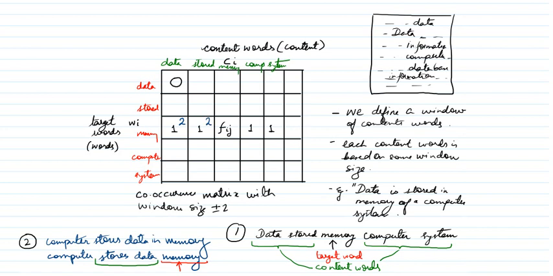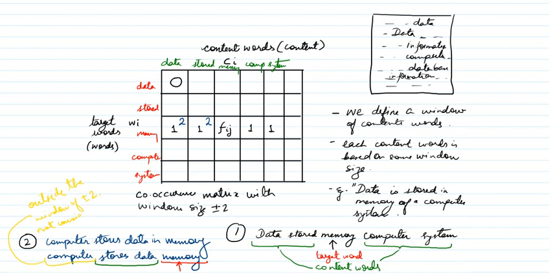And with computer we see that the computer goes outside the window of plus minus 2, so it is not considered as context.